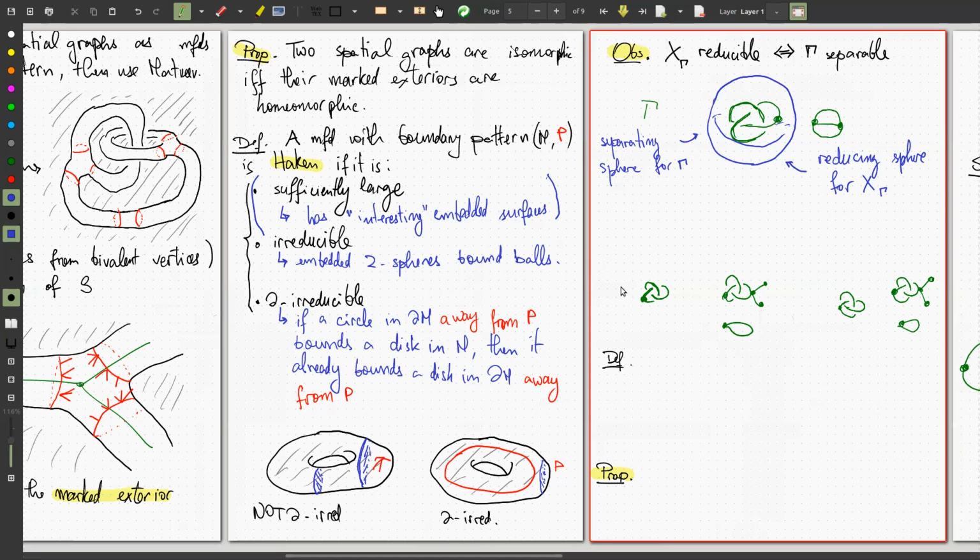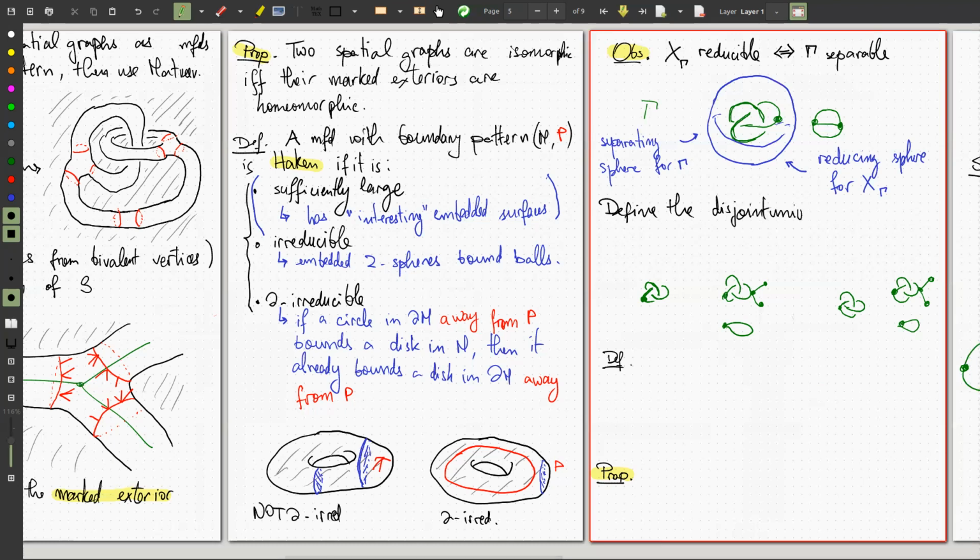This disjoint union we're going to make into a formal operation on spatial graphs. So the idea is that now we define the disjoint union of spatial graphs.